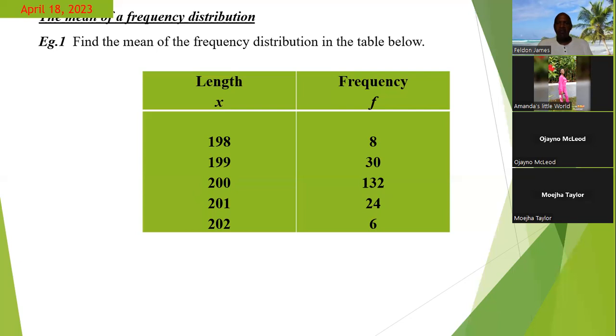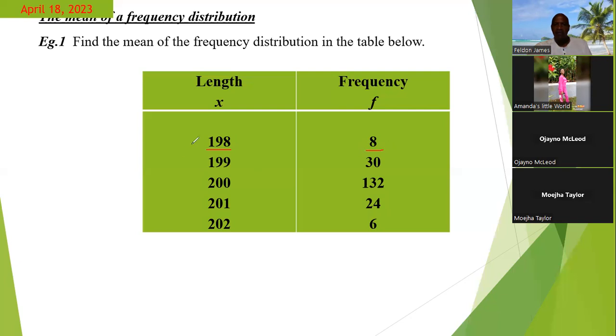If you should think about the frequency of these values, it will give you a different picture. Because when we have the frequency, it tells you how many times a particular value occurs. So if you look at a value like 198, this value actually occurs 8 times.